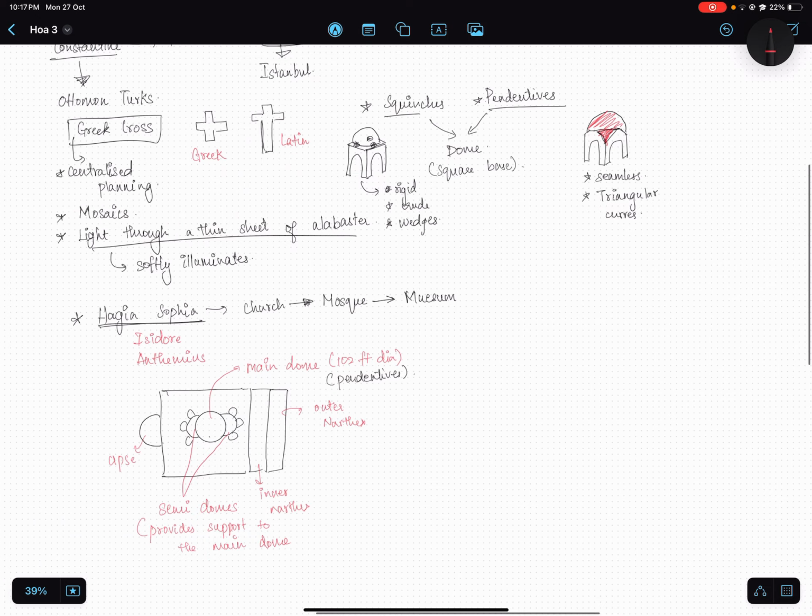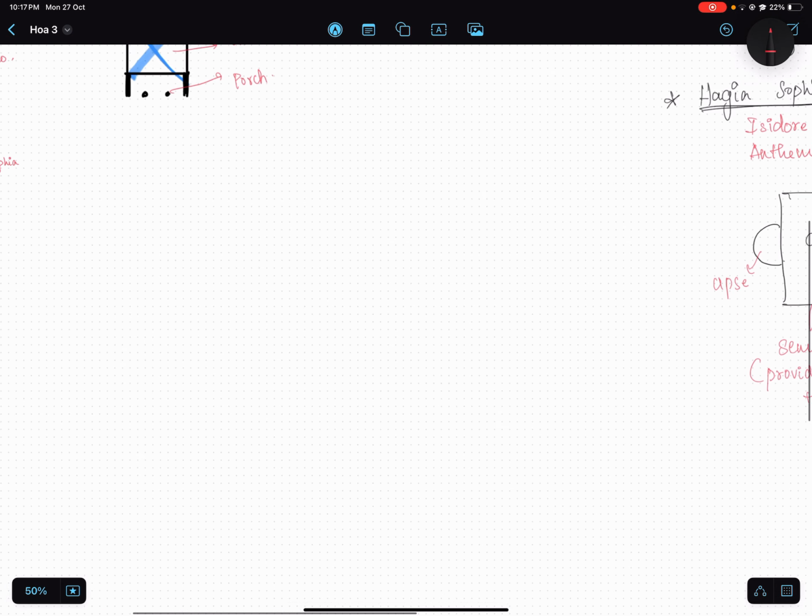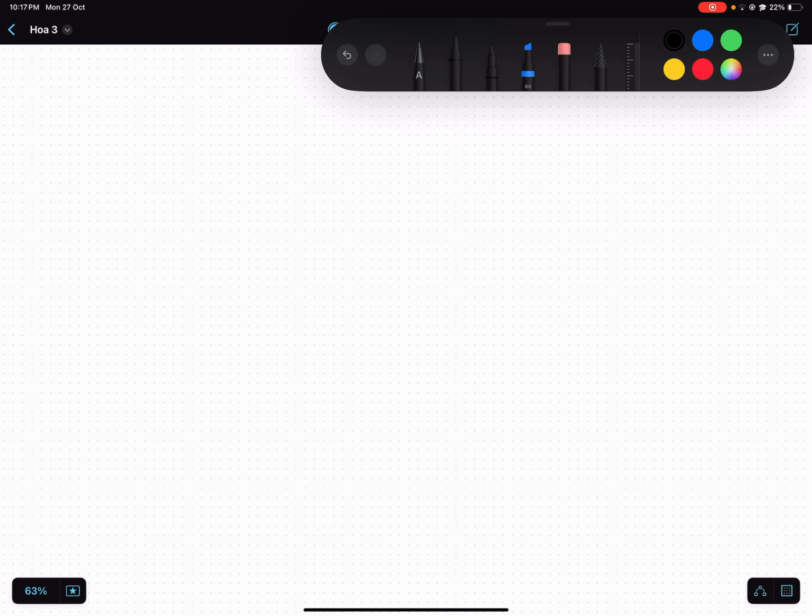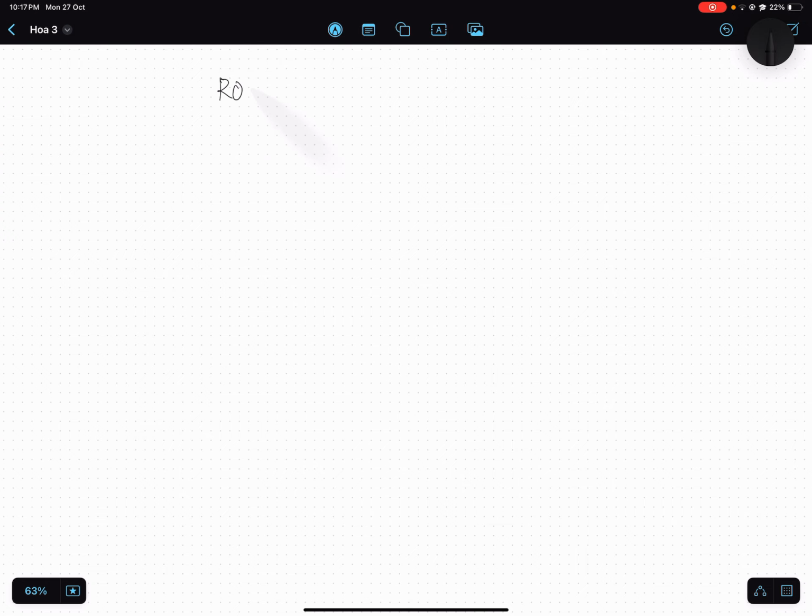Now I think we can move on to Romanesque. So during the medieval era or pre-Romanesque, or even during Romanesque, it was a period of conflicts and political unrest.